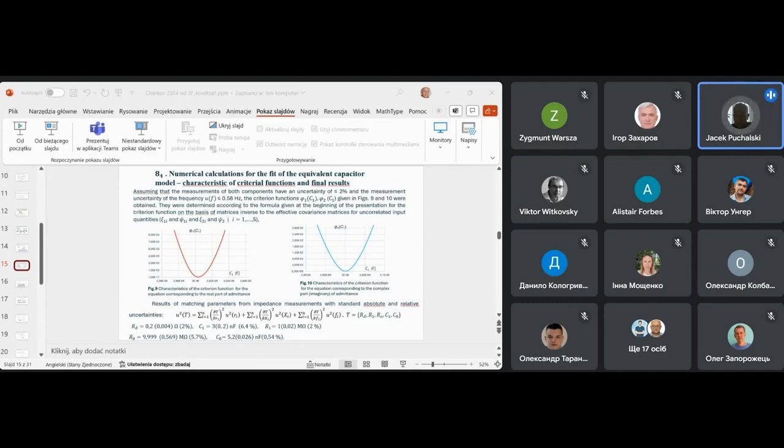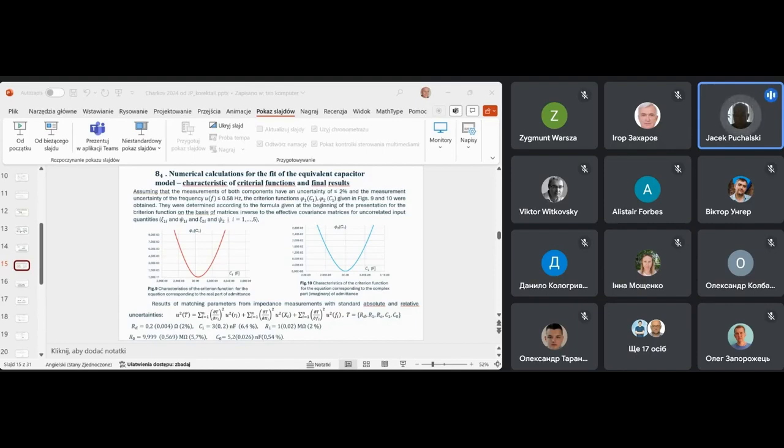It's a semi-parabolic, as Zygmunt showed before. So when we change one of the betas, in this case only beta 1 and beta 2, which are the resistance RD and resistance R1, we can find the global minimum for both equations.